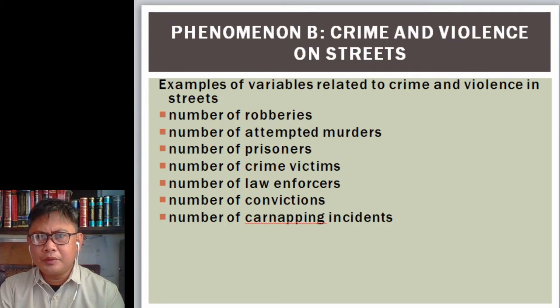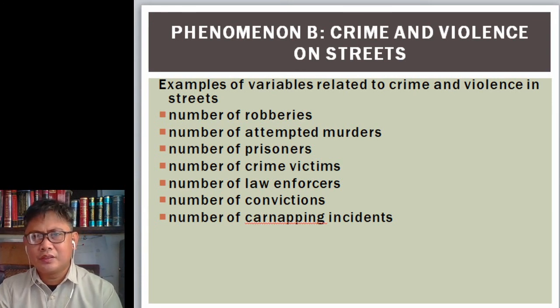Another phenomenon in our examples of variables is crime and violence on streets. You can include variables such as the number of robberies, number of attempted murders, number of prisoners, number of crime victims, number of law enforcers, number of convictions, and number of carnapping incidents. That depends on how you will approach your study.